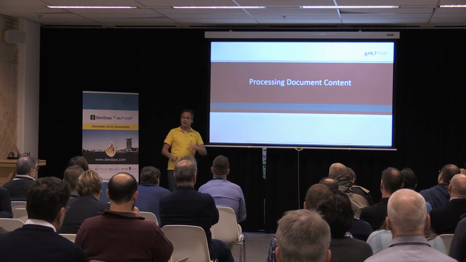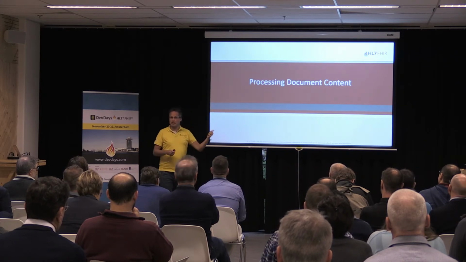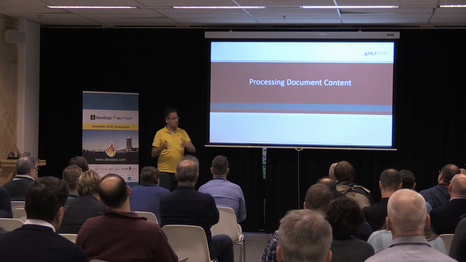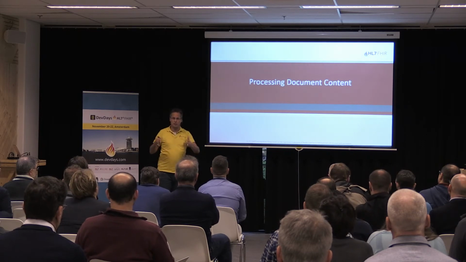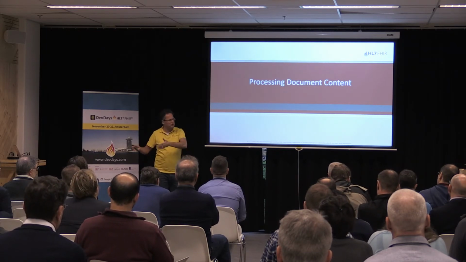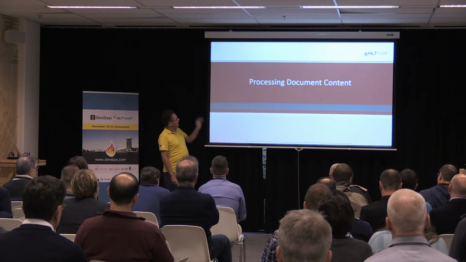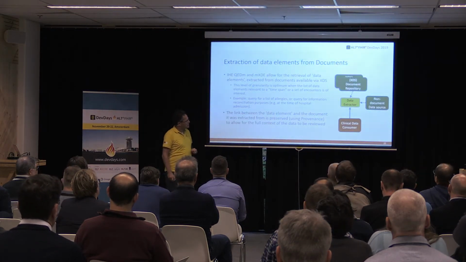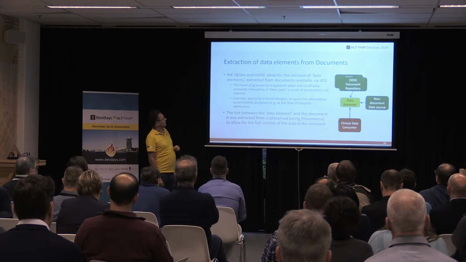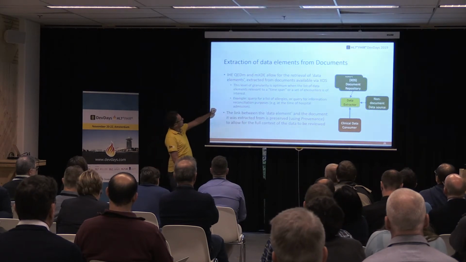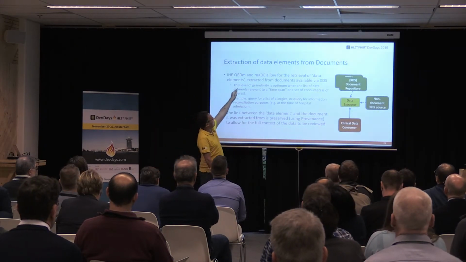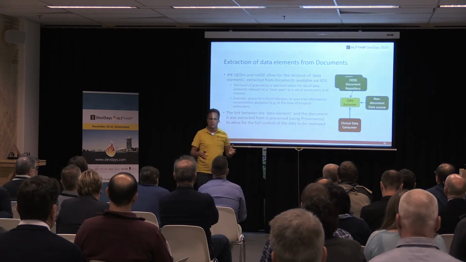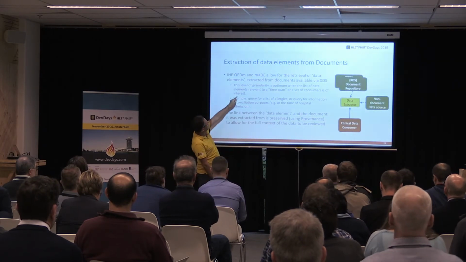Now, given that we have structured documents like FHIR documents, and CDA documents, which are also structured but based on HL7 version 3 models, you can sometimes extract some data from a document. IHE has two profiles to do this, QEDm, which just means it's a FHIR-based profile, and MXDE.